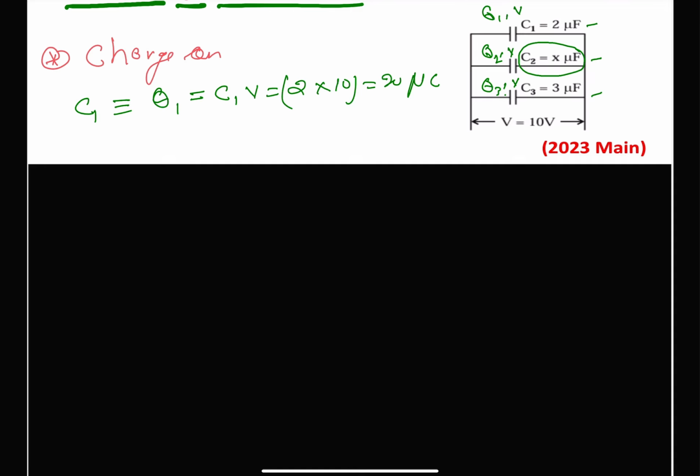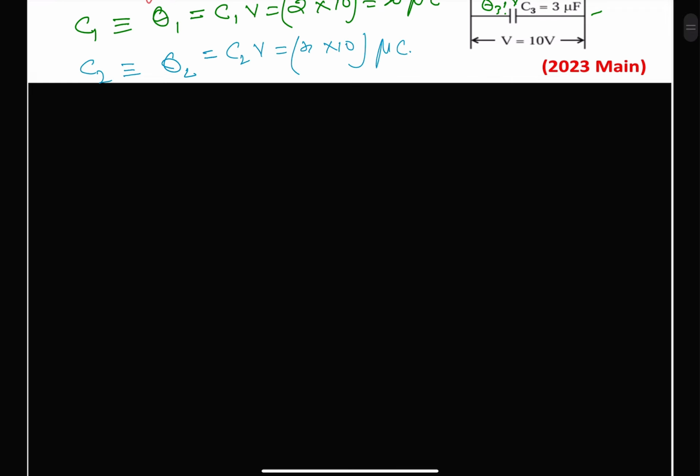Similarly, we can write for C2. Q2 will be equal to C2 multiplied by V, and C2 is given as X, so this comes as X multiplied by 10 microcoulomb.